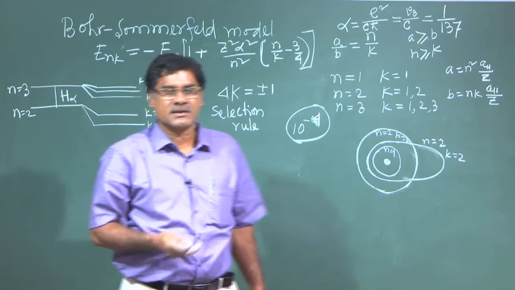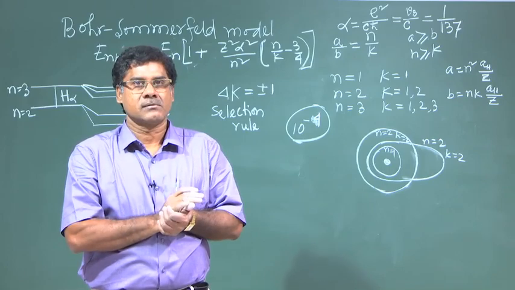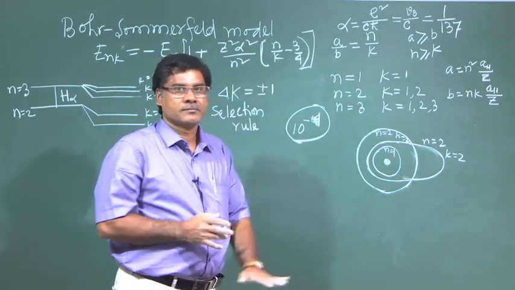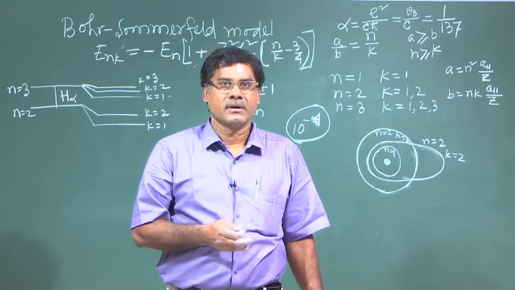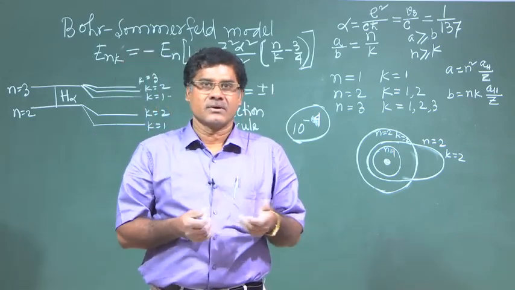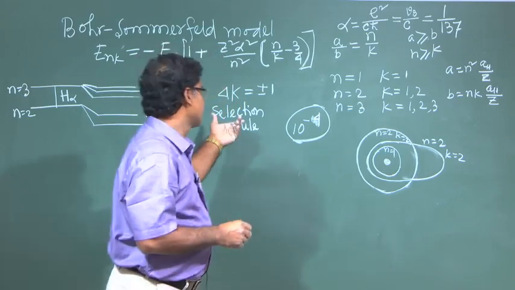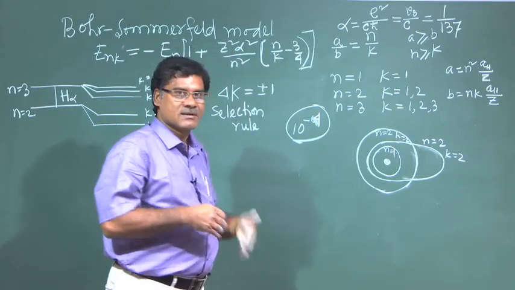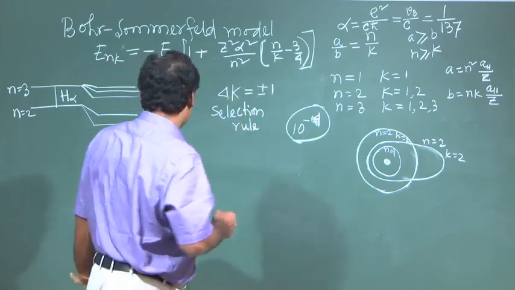Again, it was a hypothesis that not all transitions are possible, so only this case, delta k equal to plus minus 1, is allowed, and other cases are not. It was considered on an ad hoc basis, with no explanation, only looking at the experimental result. From quantum mechanics we will see later that these rules come automatically. For now we have to take it on an ad hoc basis.